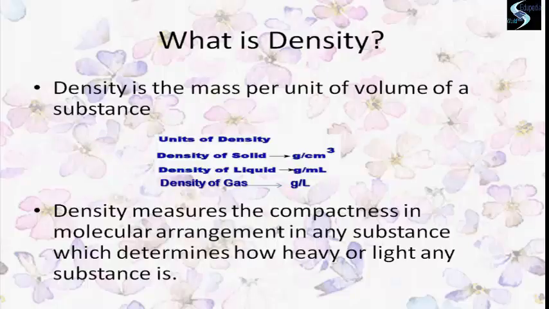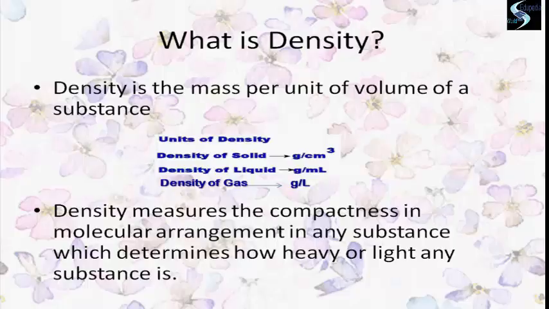Density can be determined by dividing the mass of the substance by its volume. The unit of density for solids is gram per cubic centimeter, for liquids gram per milliliter, and for gases gram per liter.